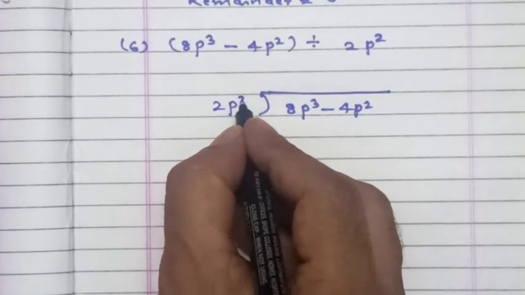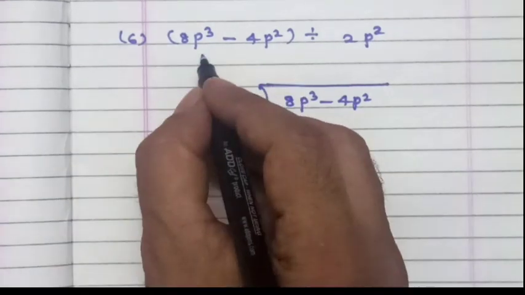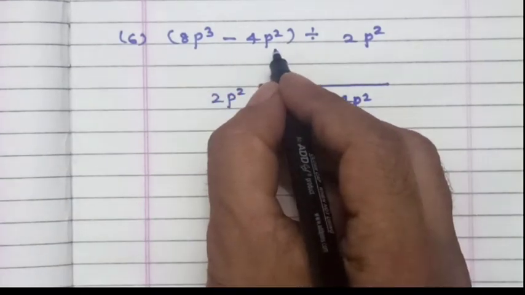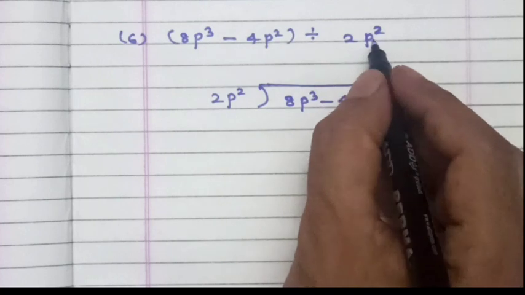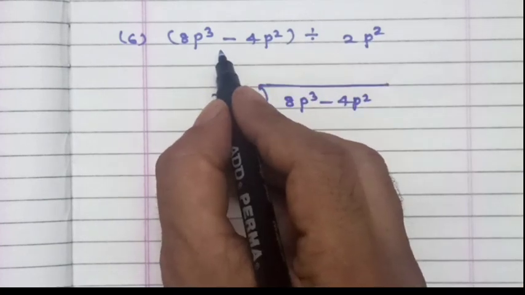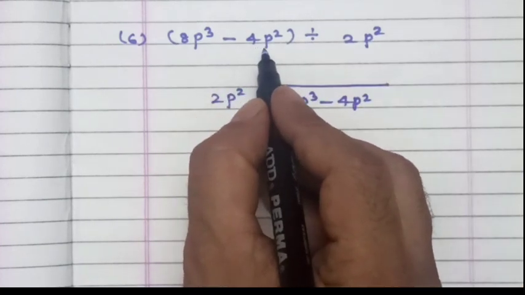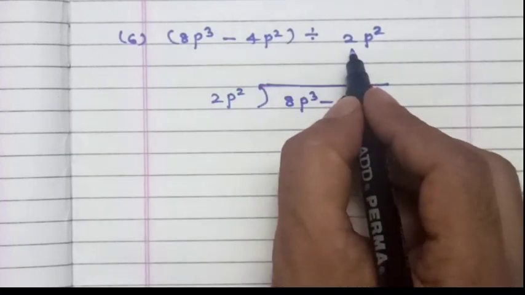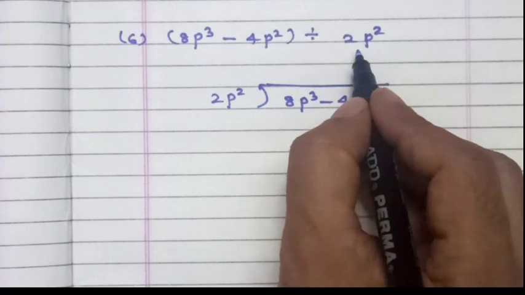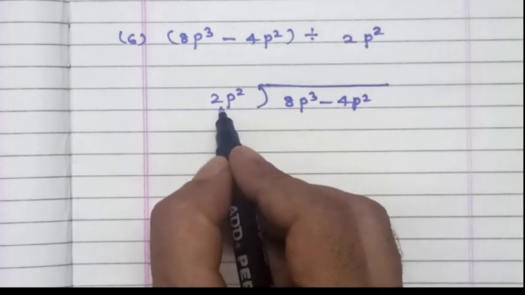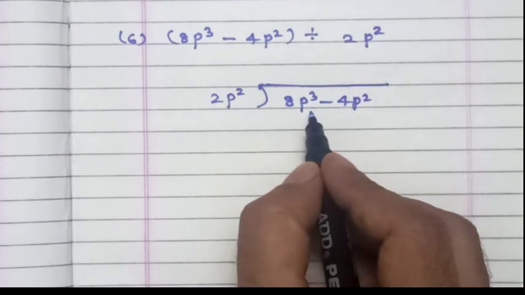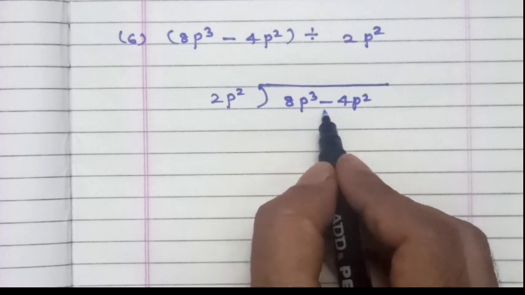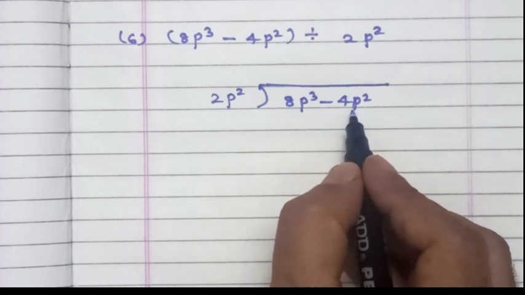Always your divisor will be outside. Here dividend is 8p cube minus 4p square. We are dividing this, so it is called dividend. And we are dividing by 2p square, so 2p square is divisor. Write divisor outside, 2p square, and inside dividend, which is 8p cube minus 4p square.